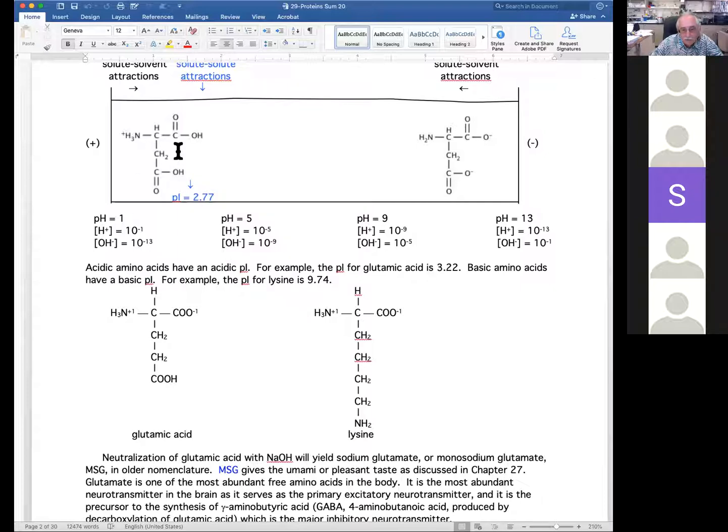So it would migrate that way. If I had it at a really high pH, I would take protons off of everything. So I would take the proton off of here, and this would have a net charge of -1. So it would migrate that way until it got to its pI, which is somewhere around here.